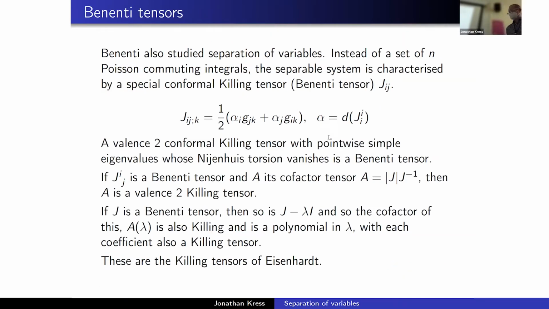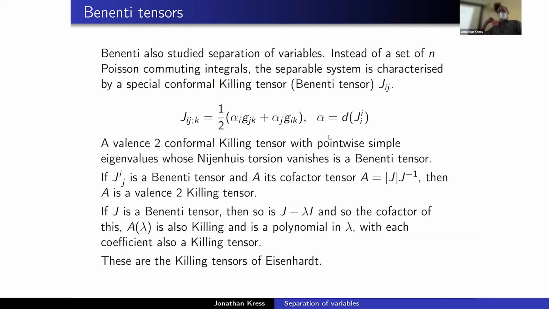Okay, so another perhaps different approach to separation of variables comes from Benenti. And obviously it's connected, but Benenti did have the Poisson commuting integrals in there, but where did they come from?